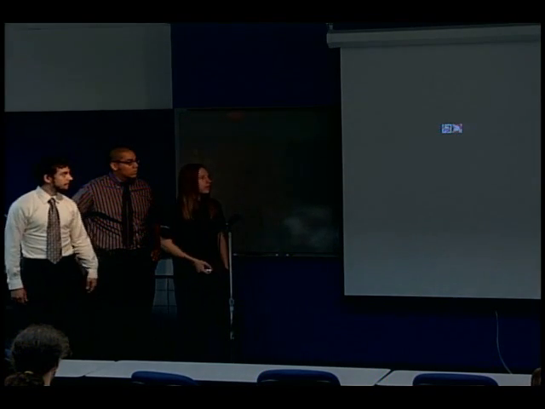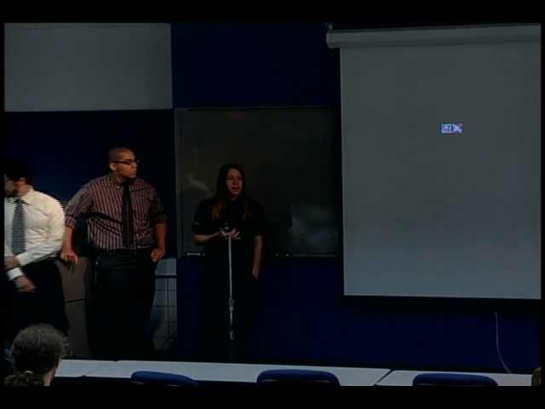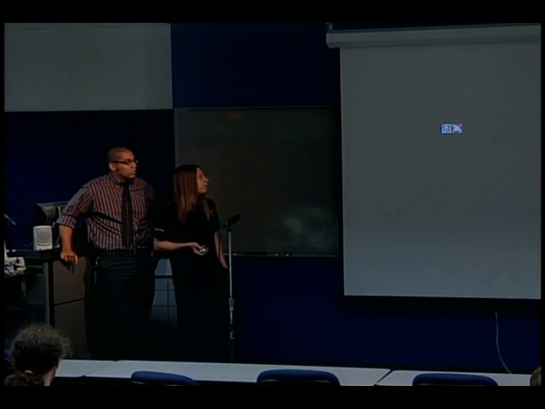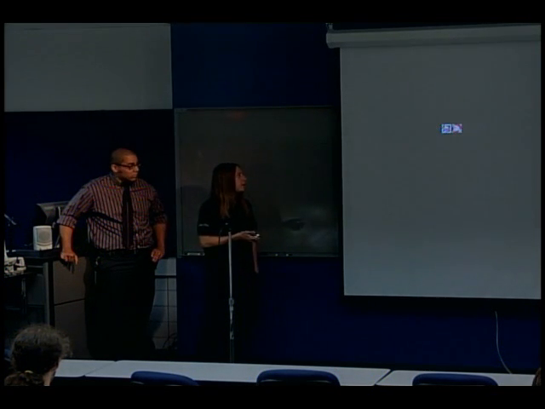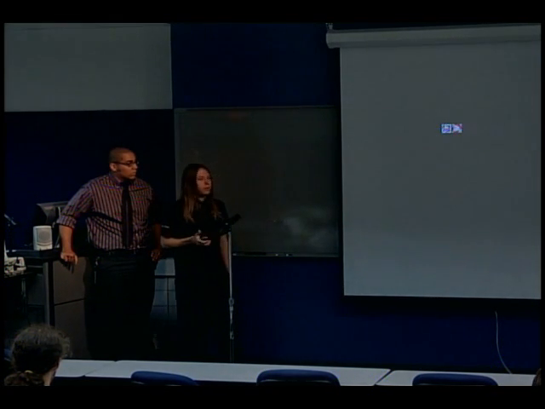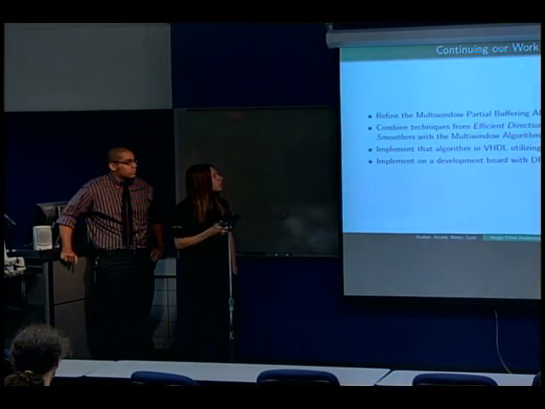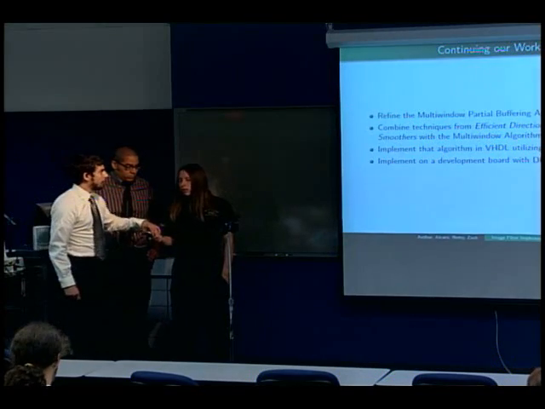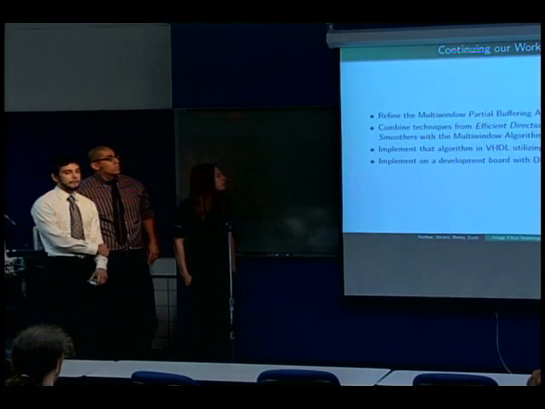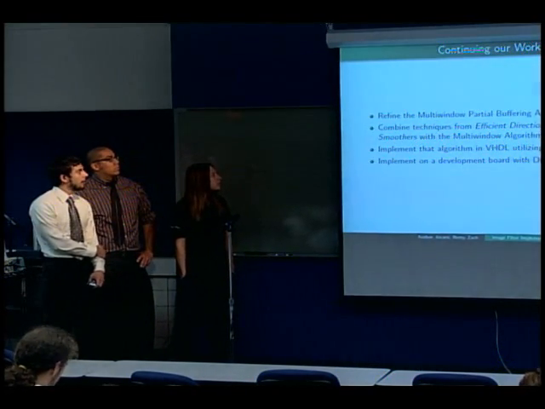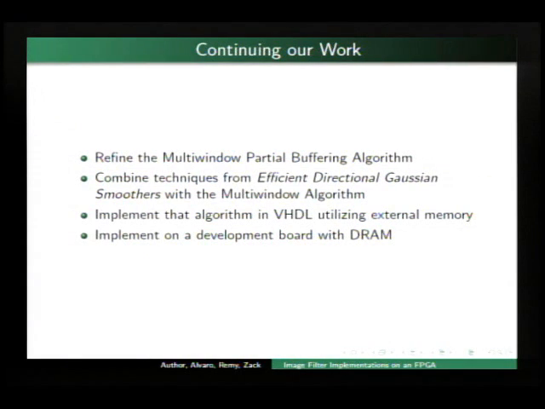In theory, we'd like to expand to at least a megapixel image, possibly bigger. That would be enough to definitely see what's going on and prove that our method is working. So we want to refine the multi-window partial buffering algorithm, implement that in VHDL, and combine the techniques from efficient directional Gaussian smoothers with this multi-window algorithm to see how we can apply smoothing before actually filtering, to see if we can get any efficiency or memory gains.